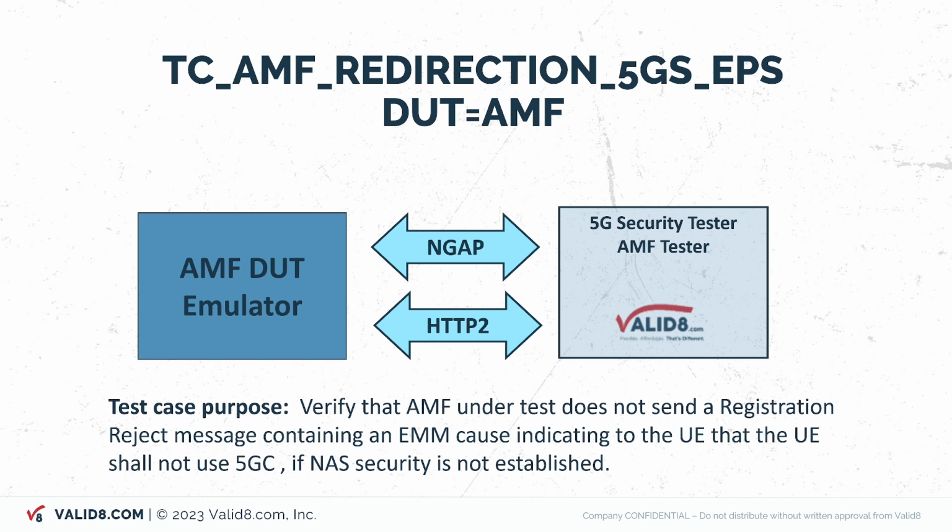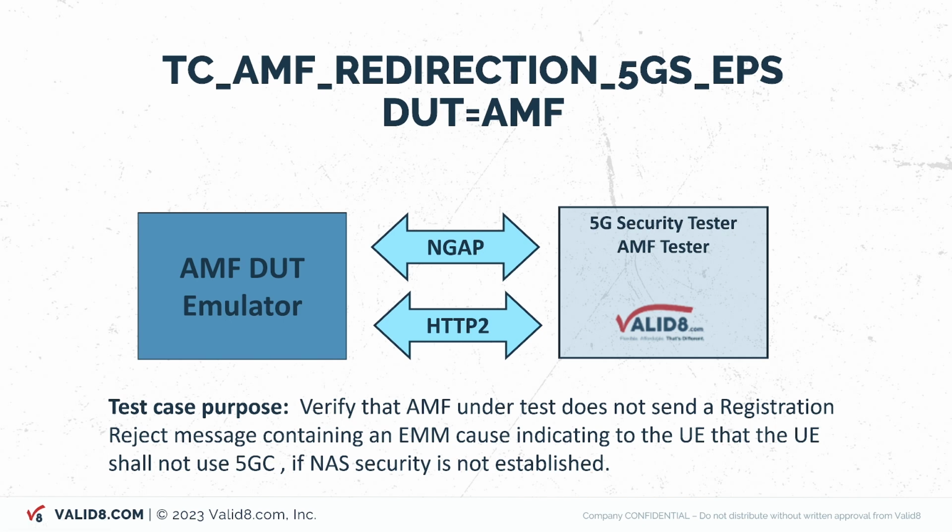For this test case, the AMF Security Tester will be exchanging NGAP and HTTP2 signaling messages with the AMF Device Under Test, DUT. The AMF DUT in this demo will be an AMF emulator.